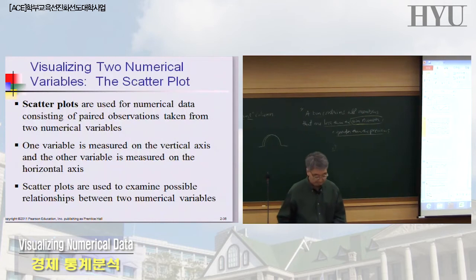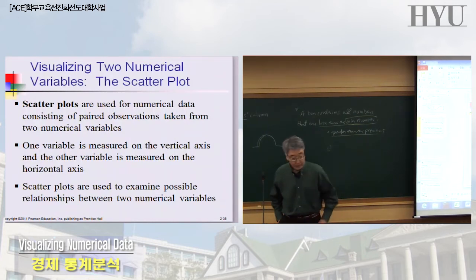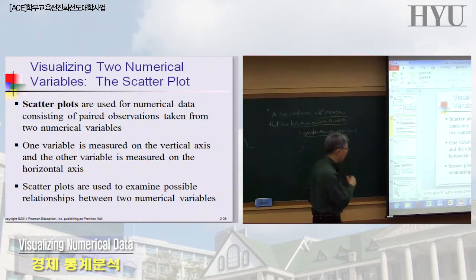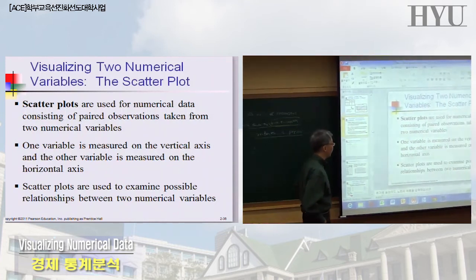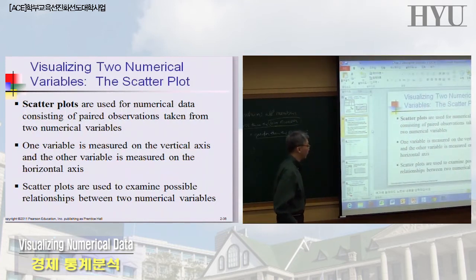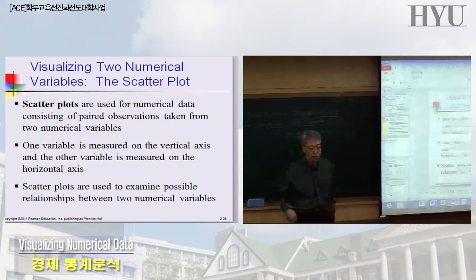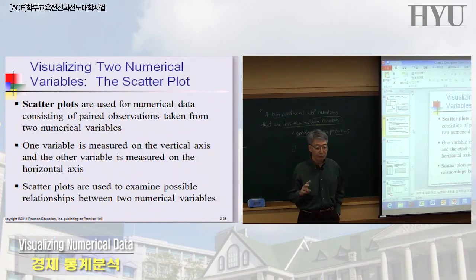Scatter plot. Scatter plots are used for numerical data consisting of paired observations. The scatter plots are used to show the relationship between the two variables, like x and y. Okay?